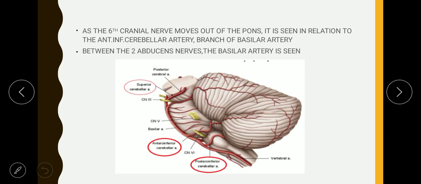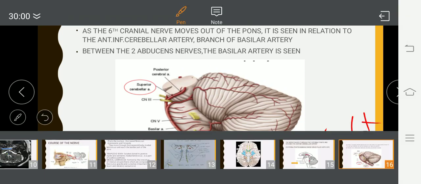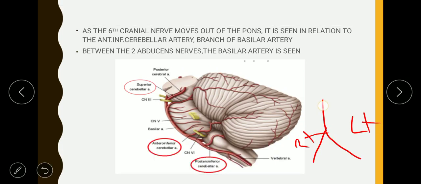The two vertebral arteries, the right and the left, merge to form the basilar artery. Here one vertebral artery can be seen, and the other vertebral artery is on the other side.